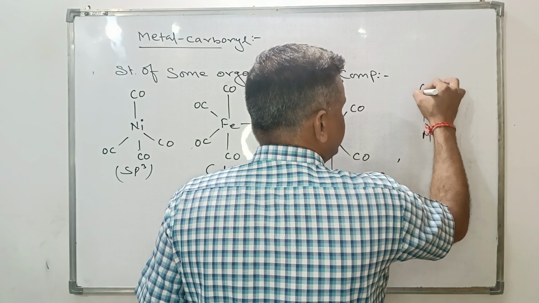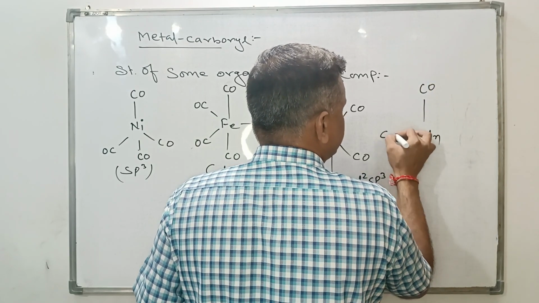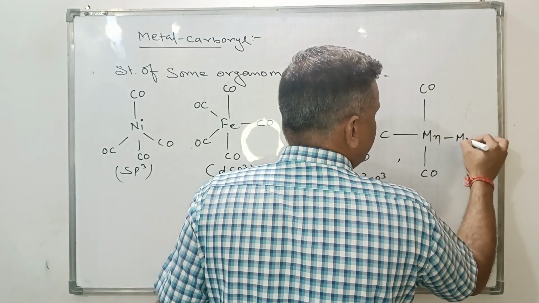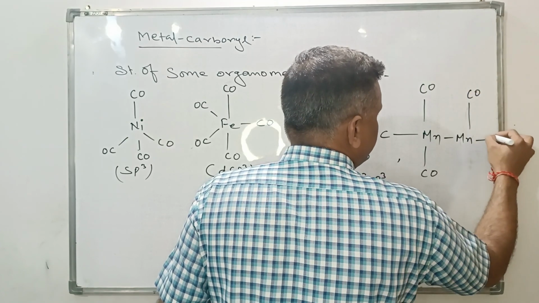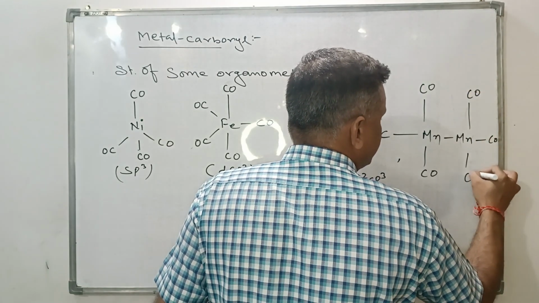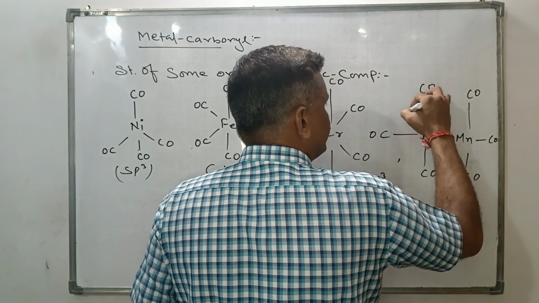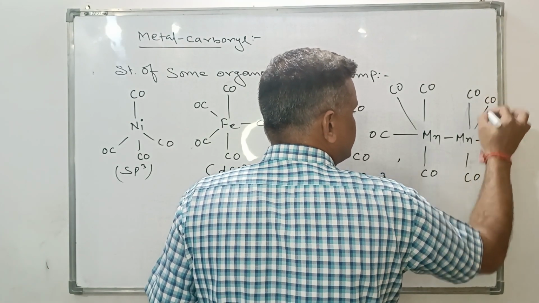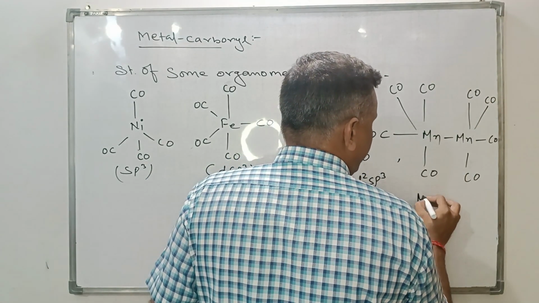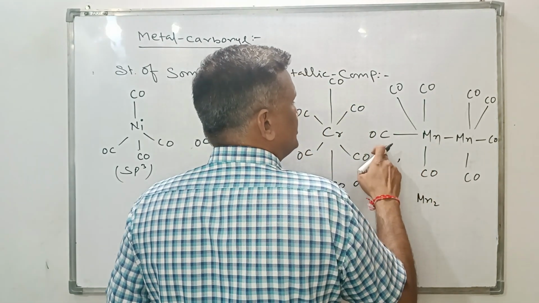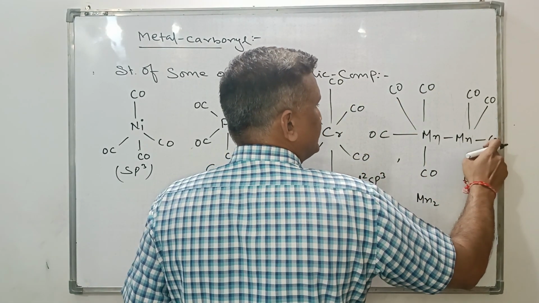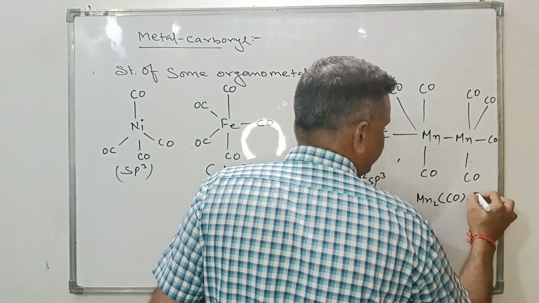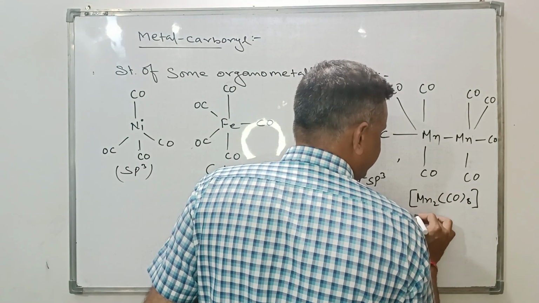This is CO, this is CO, this is the CO. This is another Mn, with CO and CO, and this is the CO. This is the right formula for Mn2(CO)8, meaning octacarbonyl dimanganese.